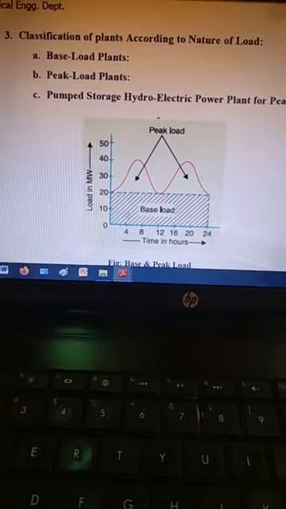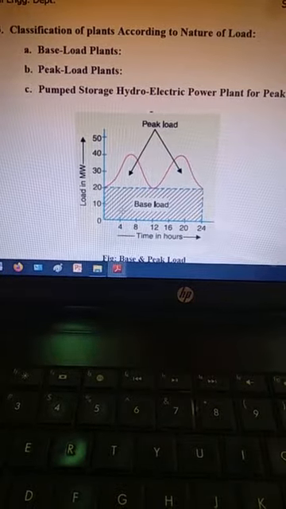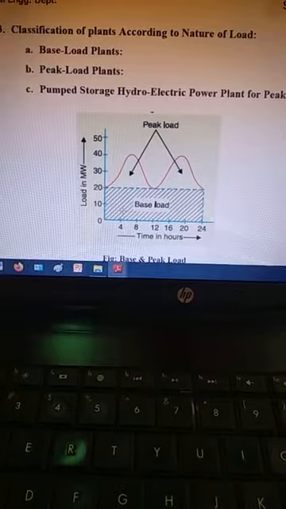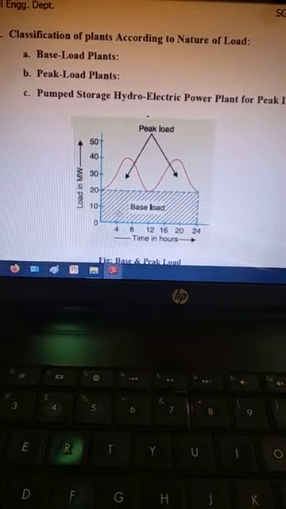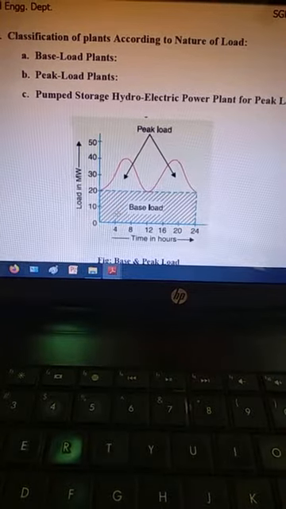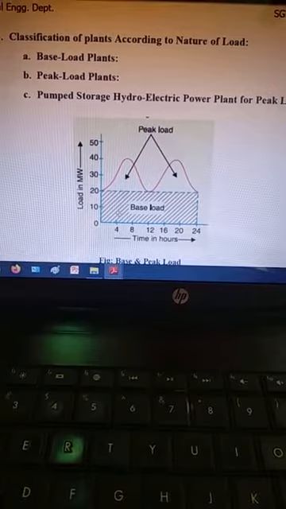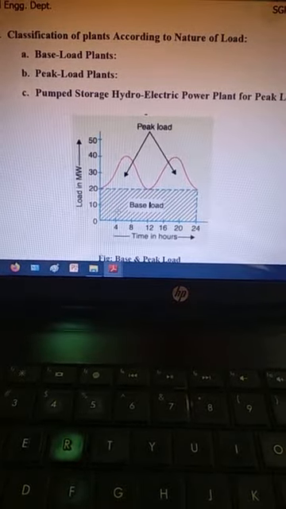So how much consumption is required for the transmission of electricity from the power plant, that is actually called load. That means it depends upon the electricity generated by the generator. So this is actually the load of the generator, which is utilized for the purpose of transmitting electricity, that is called the load of the power plant.